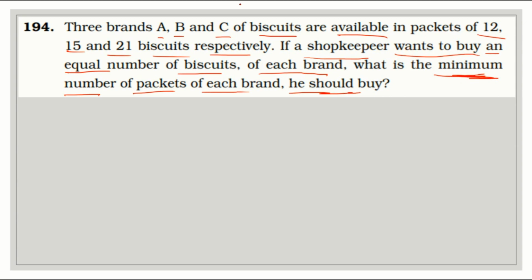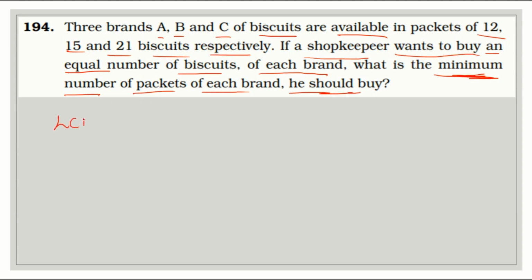He wants at the end of purchase brand A being equal, brand B being equal and brand C being equal. That means the number of biscuits must be equal.